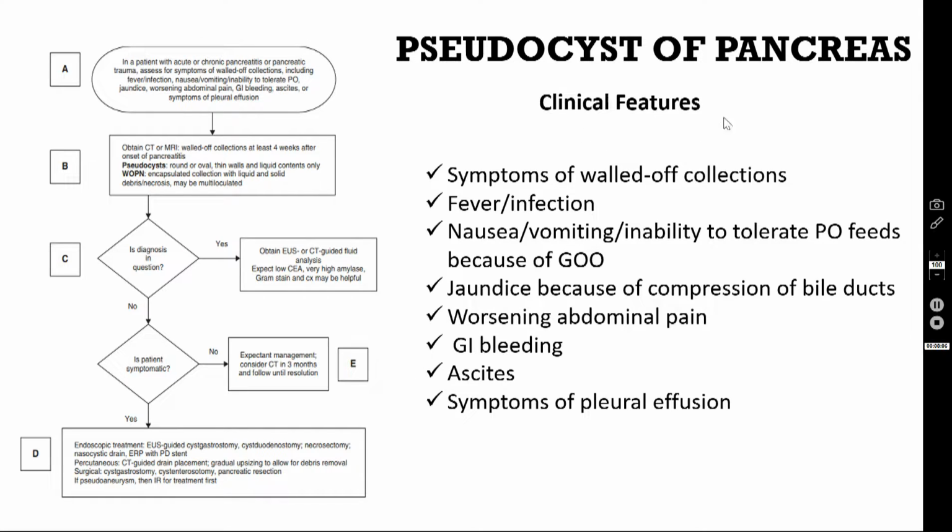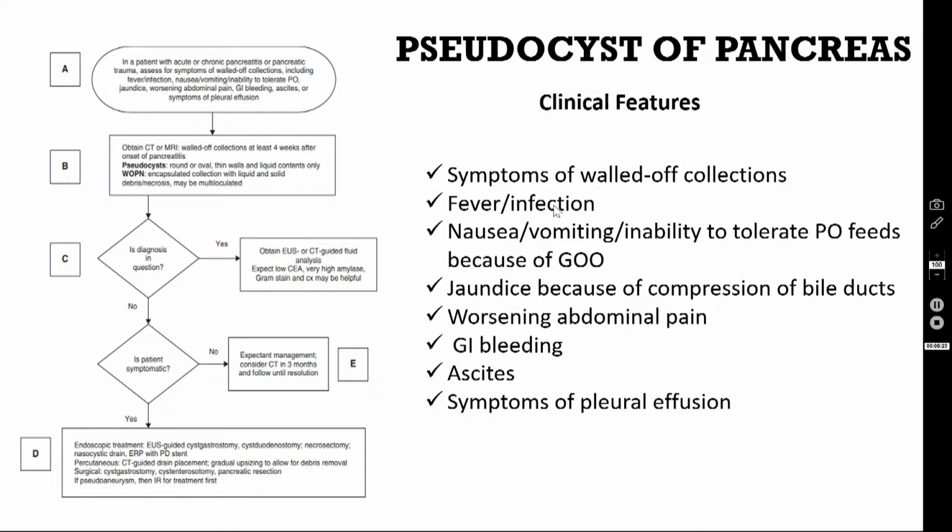So coming to the clinical features, these patients will have the symptoms of the walled off collection. Naturally there will be a swelling in the epigastric region. Patients may also have fever because of infection, and pain also may be there because of the infection.